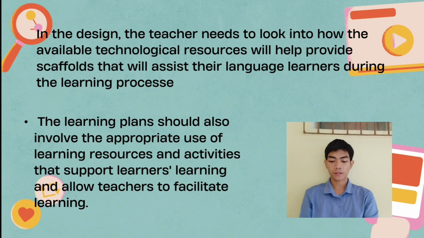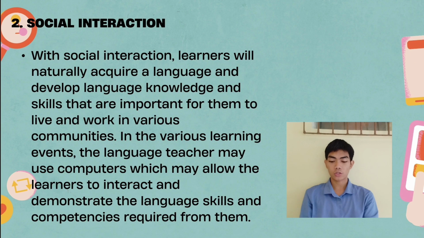So the second fundamental element is social interaction. From the first bullet, with social interaction, learners will naturally acquire a language and develop language knowledge and skills that are important for them to live and work in various communities. In the various learning events, the language teacher may use computers which may allow the learners to interact and demonstrate the language skills and competencies required of them.